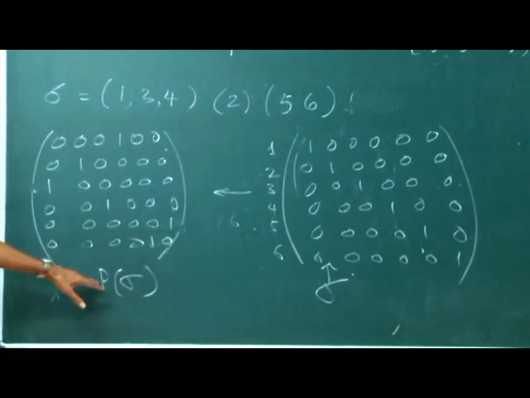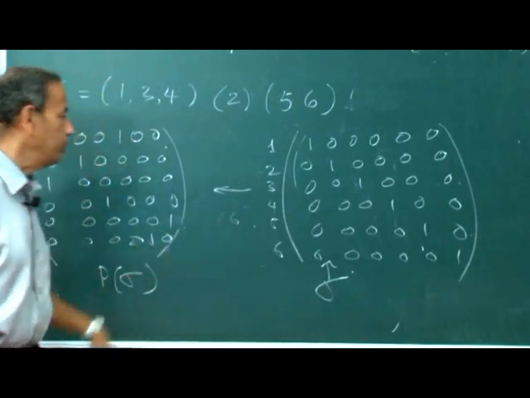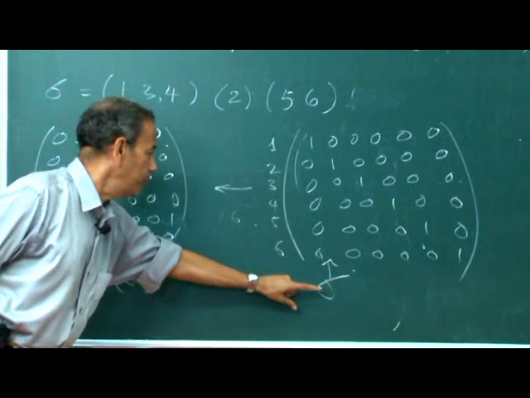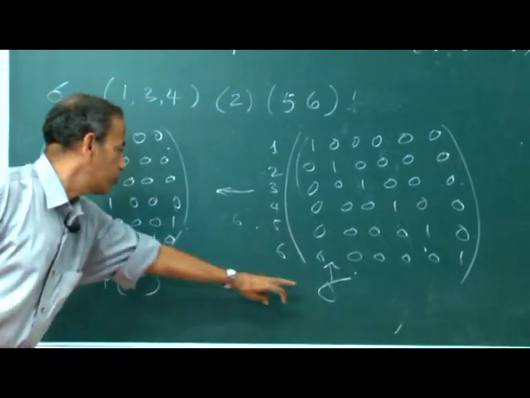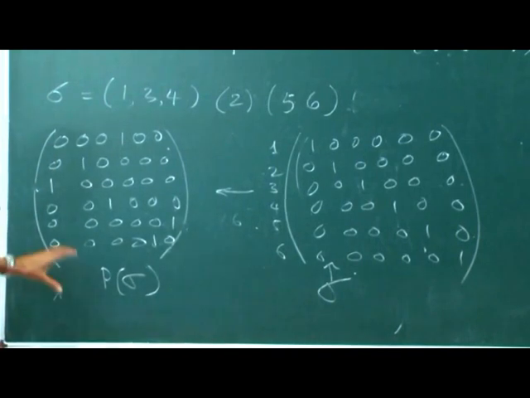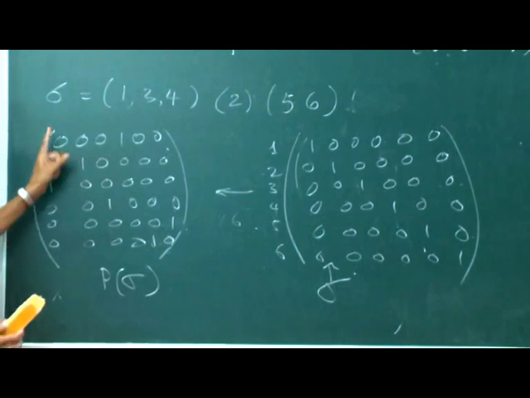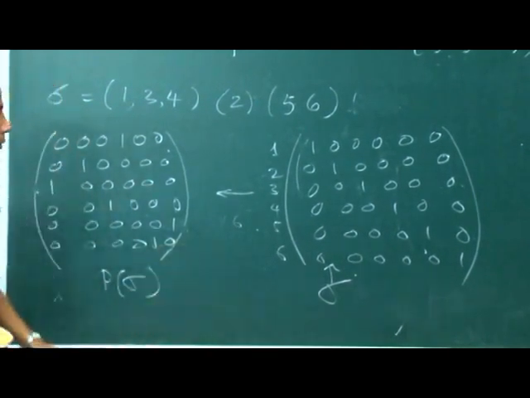So P sigma is the permutation matrix corresponding to permutation sigma. And how do I obtain this? Just take an identity matrix and permute its rows according to sigma. You get a permutation matrix. It is called a permutation matrix because every row and every column contains exactly one 1 and the remaining entries are zeros.